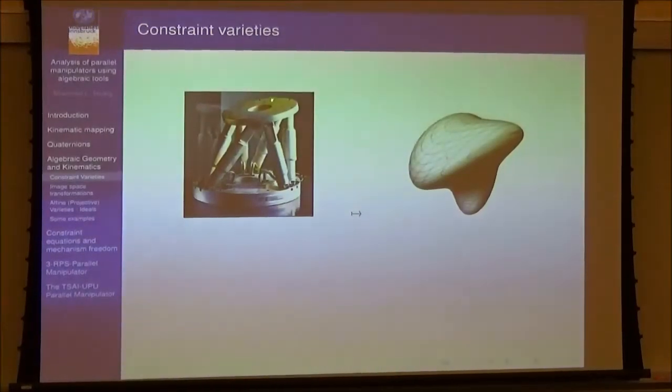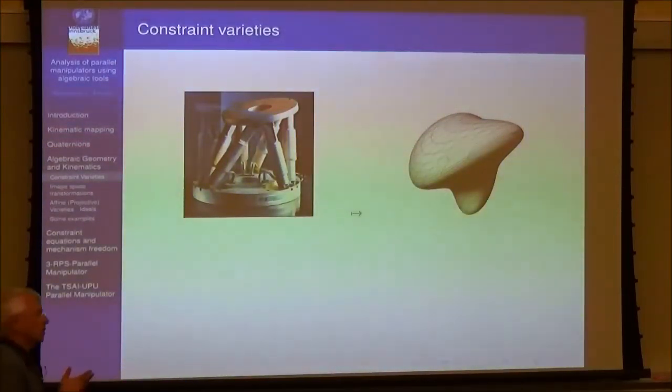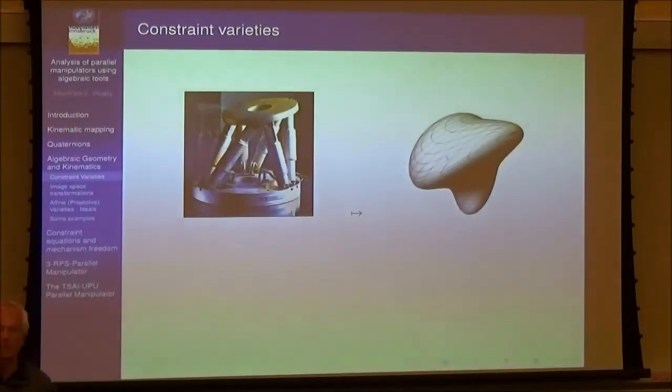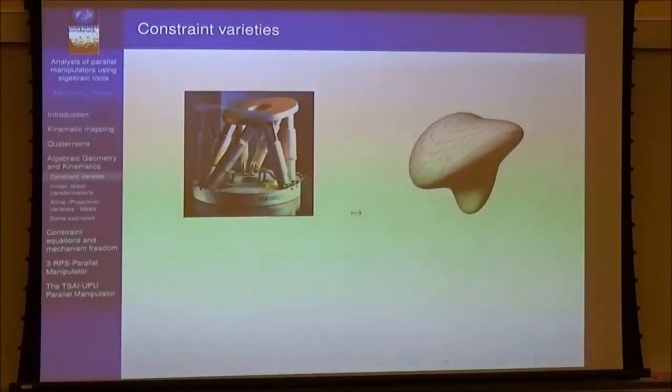What is the constraint? The constraint is simple to describe. This attachment point here on the platform has only the freedom to move on a sphere when the leg is locked. So we have one constraint, and this constraint can be described easily with an implicit equation in the motion parameters, and this is our goal.